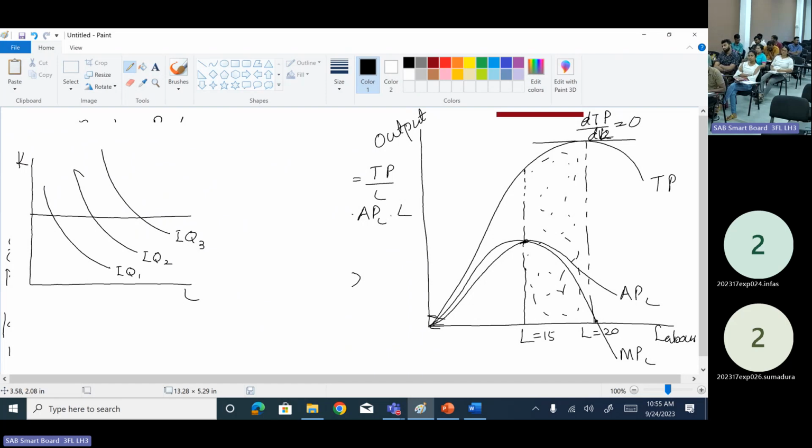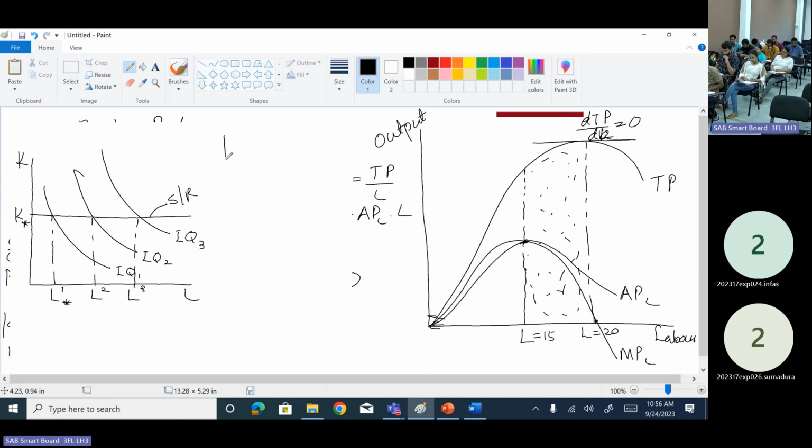If you go this way, the capital is constant, it is fixed, but different labor inputs can be used: L1, L2, L3, like that. So this is the short run situation.